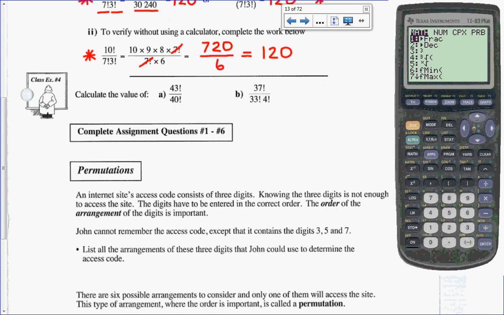I must have hit a wrong button here. Let's try that again. There we go. And it's 74,046.